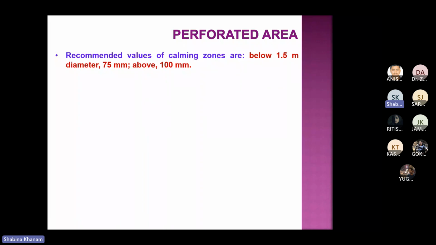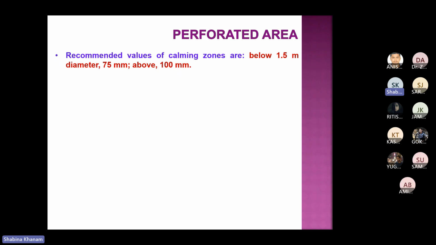We have also seen how to decide the hole pitch, which is basically the center to center distance between two consecutive holes. And apart from that, we have seen the condition where all these parameters will be feasible.